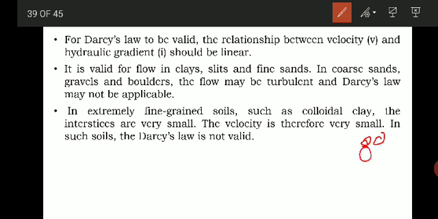So if the soil is extremely fine grained, like colloidal clay, then the interstices between the particles are very small, and the velocity therefore may be very small. And if the velocity is very small, then in such soils Darcy's law may not be valid.